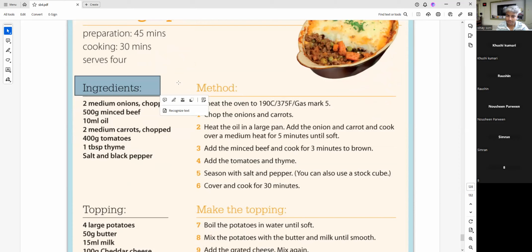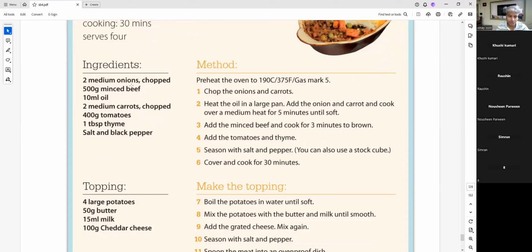Method. Method is the process, how you cook. So we all know the ingredients. 2 medium onions chopped. It means you need to chop your onions. 500 grams minced beef. It should not be big pieces, very, very small pieces. 10 milliliters of oil and 2 medium carrots.